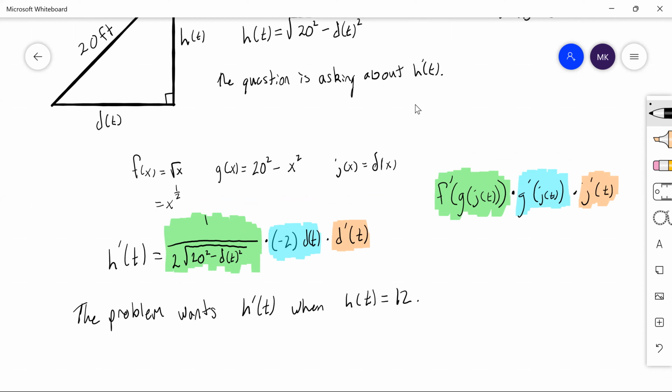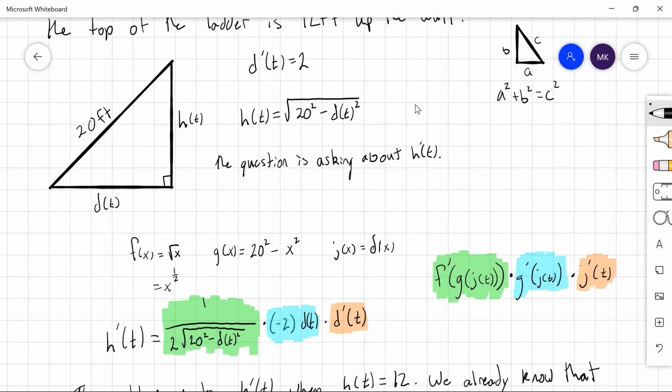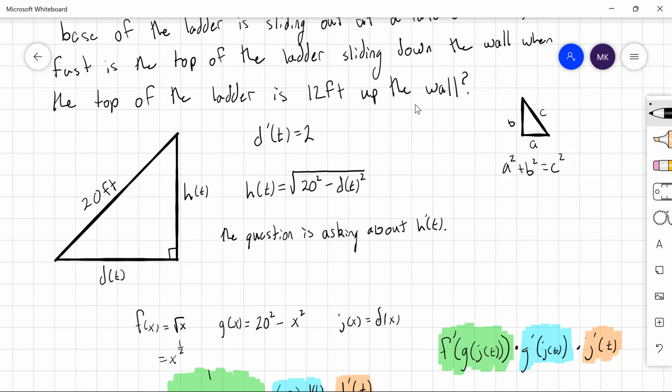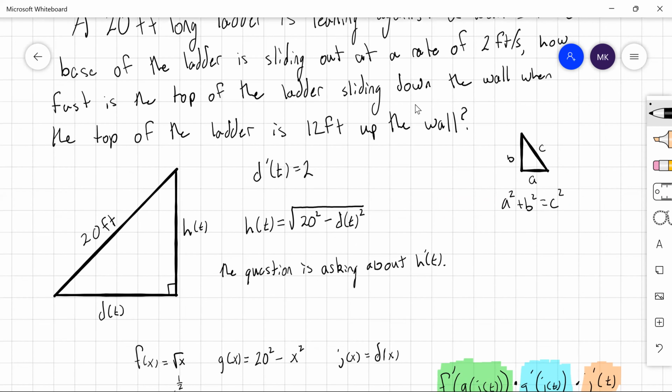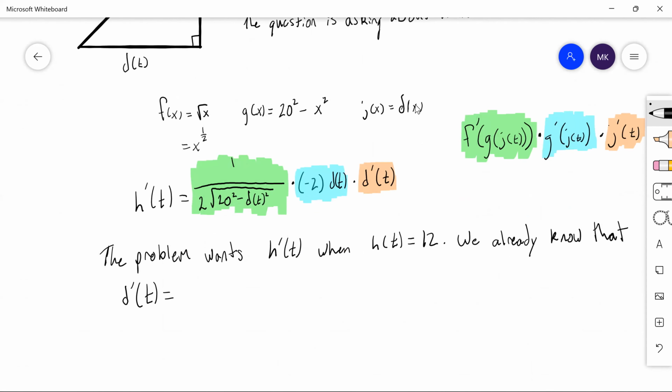It has d prime of t and d of t. So we already know that d prime of t equals, if we look back to the very beginning, 2, because we were told in the problem the base of the ladder is sliding out at a rate of 2 feet per second. So we already know that d prime of t equals 2.